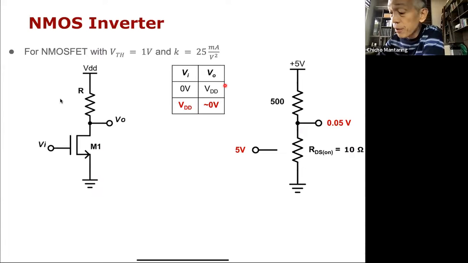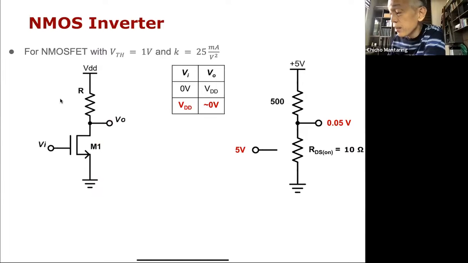In cutoff, the nominal zero input is 0 volts. There's going to be no drain current, and therefore VO is going to just be equal to VDD.